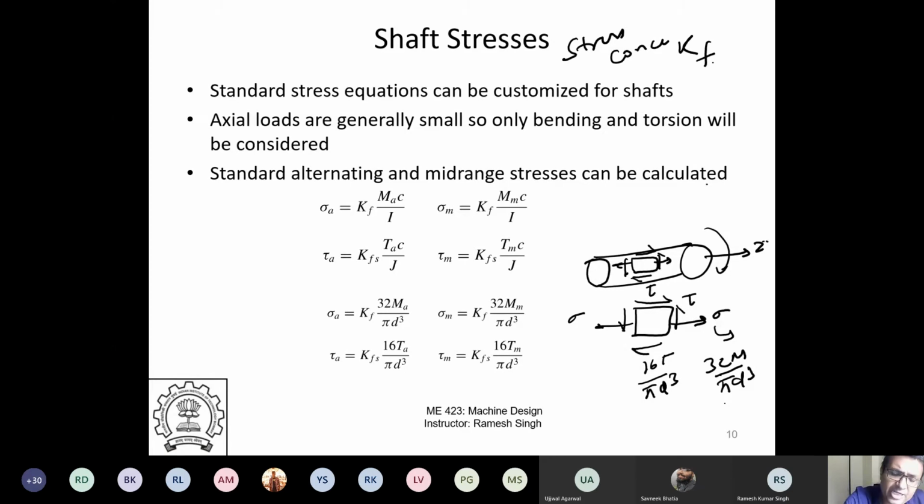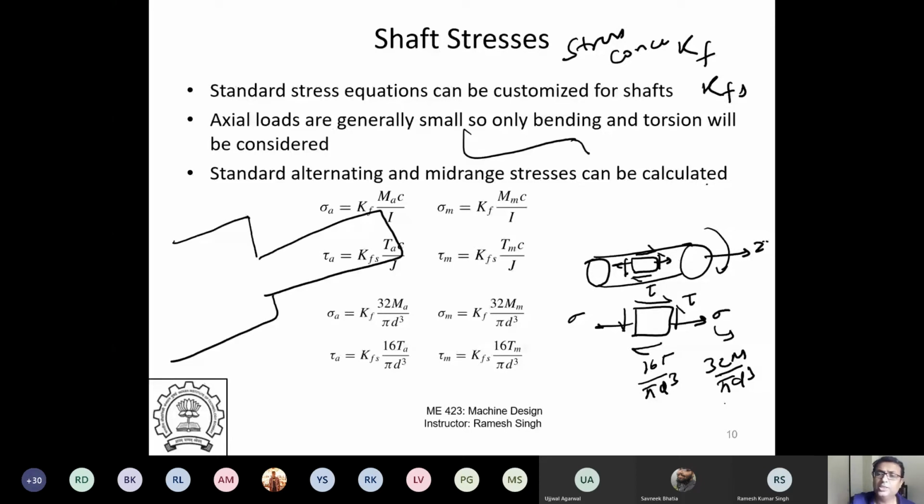This is different for bending and for shear. So for normal and shear there are two different parameters, K_f and K_fs, because the severity is different in different conditions. They need to be applied if there is a change in dimension or a notch, because you will automatically have some stress amplification, and you need to account for that.